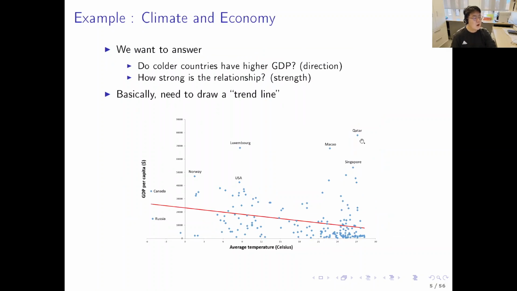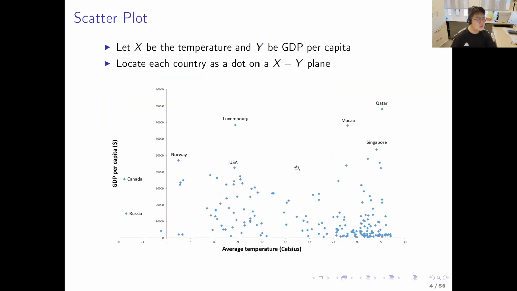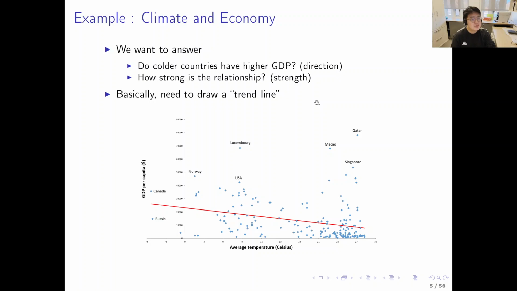So what do we like to do here? You just see the pattern where the countries are located on this two-dimensional plane by drawing a scatter plot. More specifically, our question can be described this way. First, we are interested in the direction. Do cold countries have higher GDP or not?